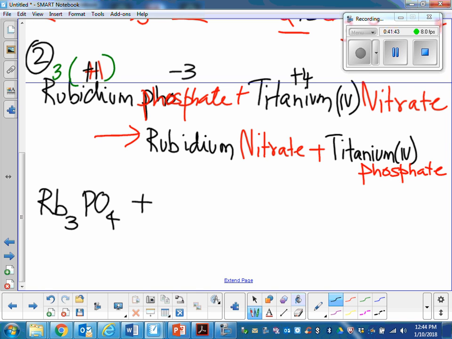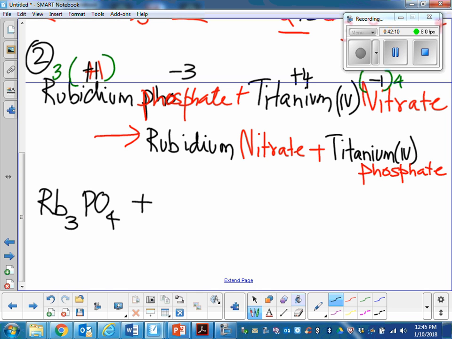And what is the charge on nitrate? -1. So which side am I multiplying, Katie? It's a +4 and a -1. Which side am I multiplying? The -1 side by a 4. Is that right? So what is my formula for titanium 4 nitrate?